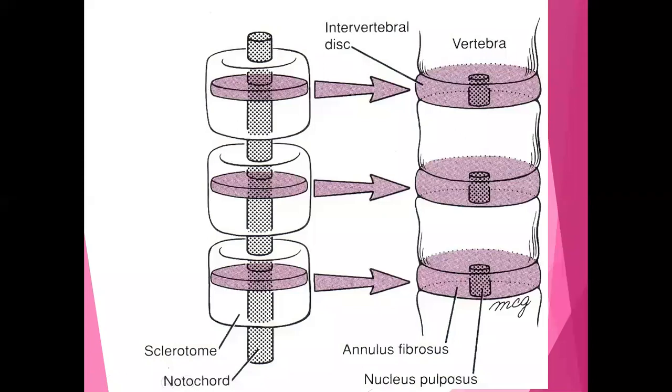It will surround the notochord from the posterior side and from the lateral sides, right and left, in the center, posteriorly as well as anteriorly. So it will complete the body as well as the arch of the vertebra.